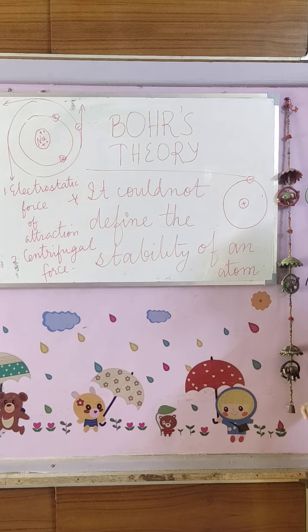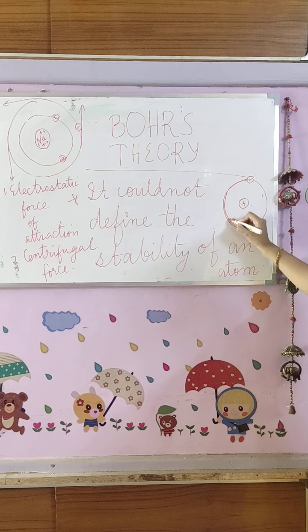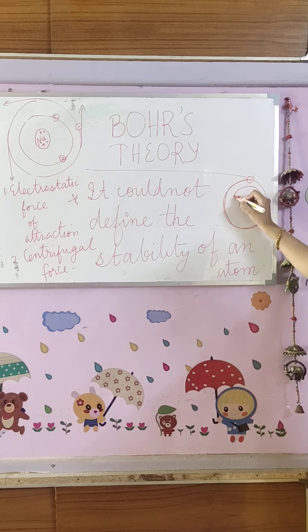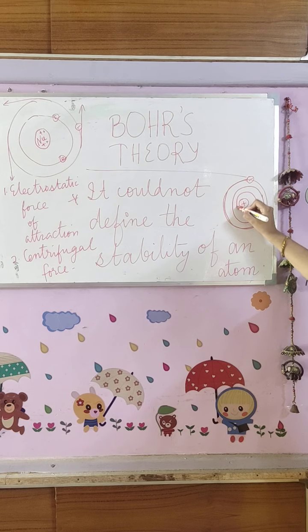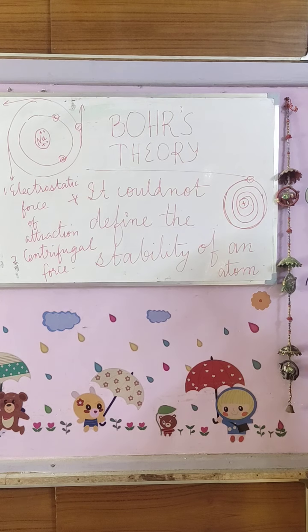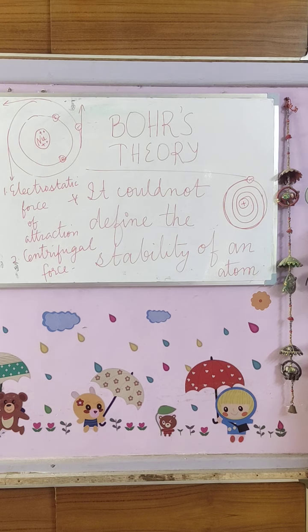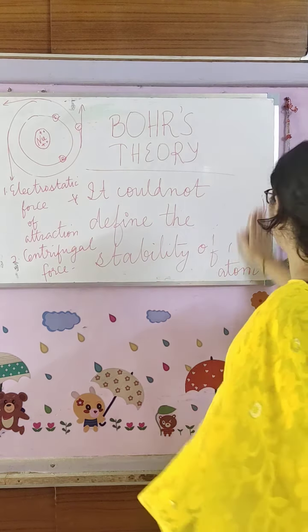If it is losing energy, then the path should become smaller and smaller, and at a time it will come and collide with the nucleus. But it does not happen. Why this does not happen could not be explained by Rutherford, and so we will come to Bohr's theory.